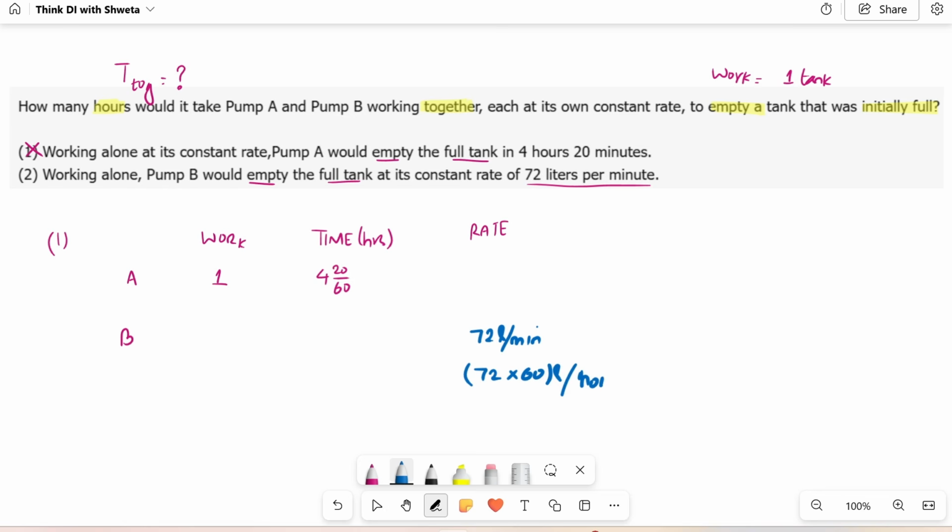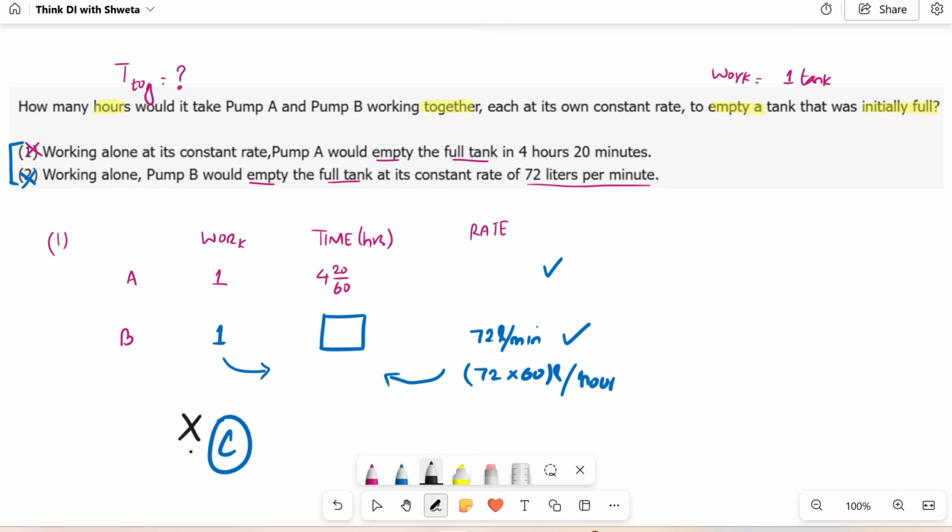This is the per hour number of liters. And it says pump B would empty the full tank. So it still seems like it's the full tank, one work. Now you would think you can find time from this. So in a way, you know individual rate of B, you know individual rate of A when you combine the two statements. This is where so many people feel that it is choice C.